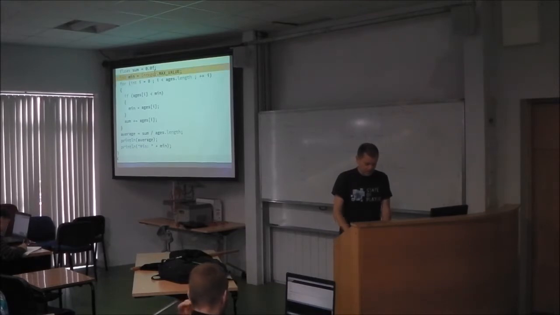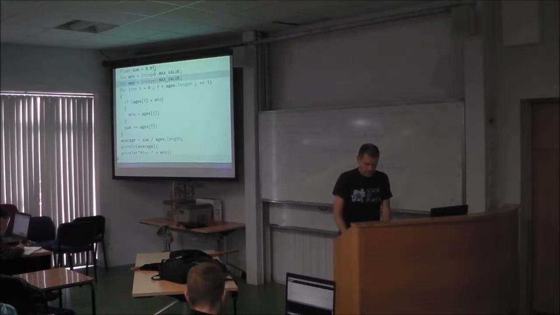We can do the same strategy for the maximum value. So max is going to be Integer dot, this time it should be the MIN_VALUE. Right, so the min value is a really small number. In fact, it's a negative number.